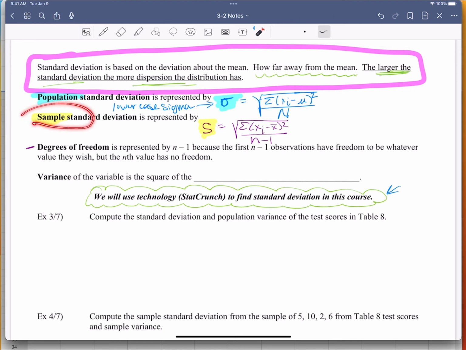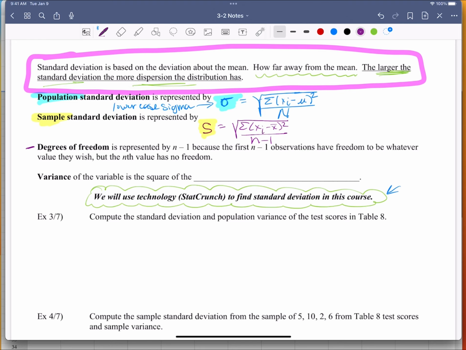Okay, so the sigma is population, S is sample. Now a variance. A variance is something that we're going to just briefly talk about right now, but there's more to come about variance later. Later on in the text, we're going to spend a little bit more time with variance and really show how that plays out.